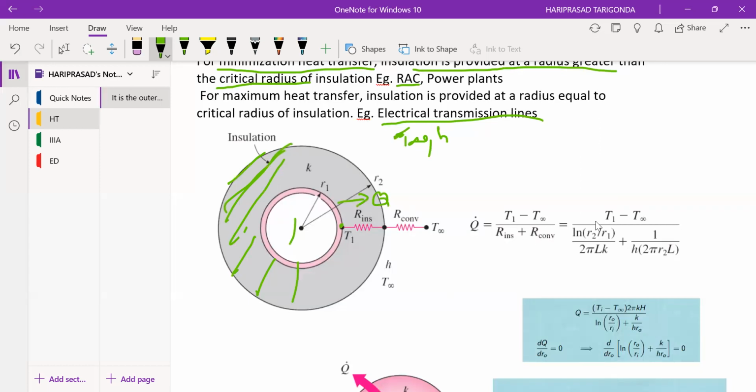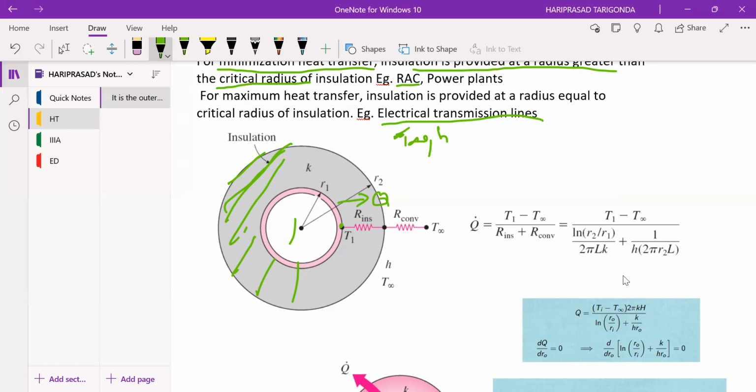R insulation for cylindrical coordinates is ln of R2 by R1 divided by 2 pi KL, plus the convective resistance 1 by hA. Here A is the outside surface area, that is 2 pi R2 L for the cylinder.